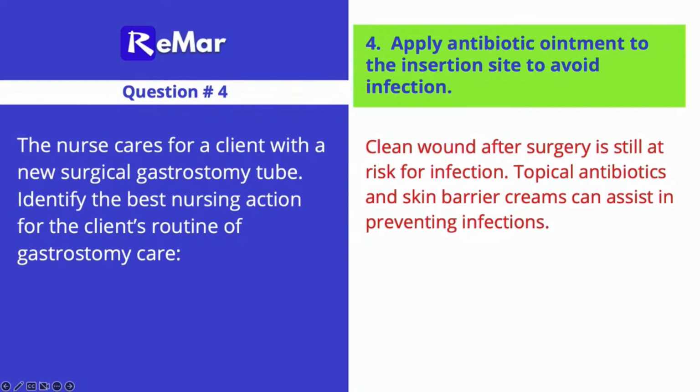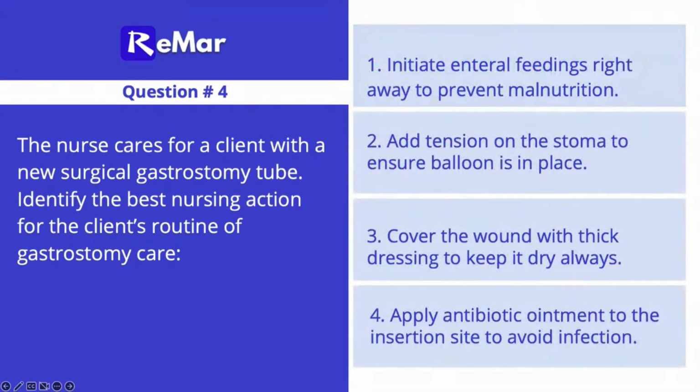Okay, so the correct answer was number 4, apply antibiotic ointment to the insertion site to avoid infection. So number 1, initiating the enteral feedings right away. Not right away. We got to get an order. No. And preventing malnutrition, that is not the priority at this point.